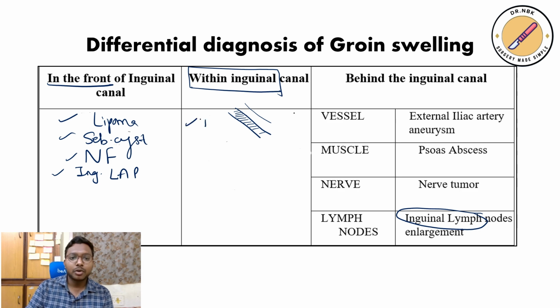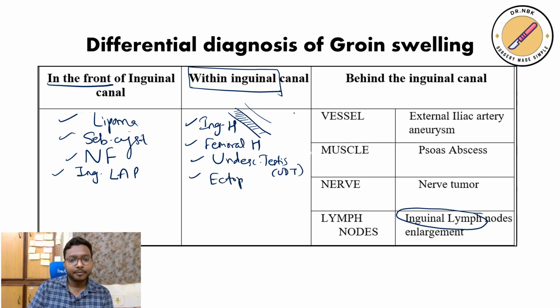So the common entities you will come across is one is inguinal hernia. Also, just adjacent to that, you can get femoral hernia, or you can have undescended testis, UDT, or ectopic testis, or rarely you can have lipoma of the cord, spermatic cord.